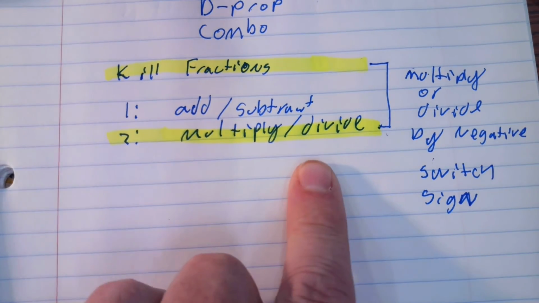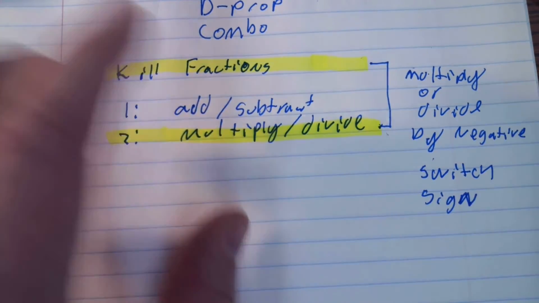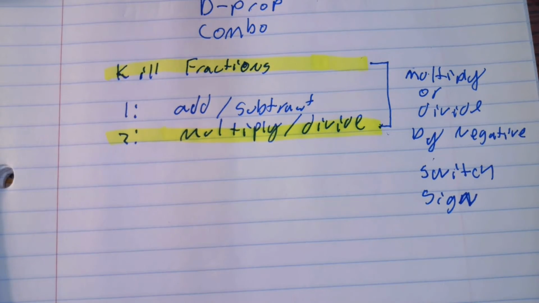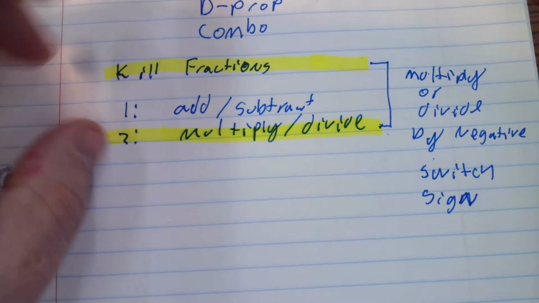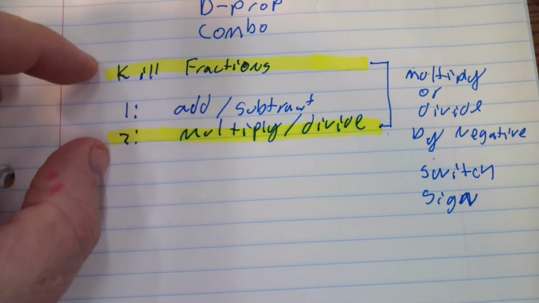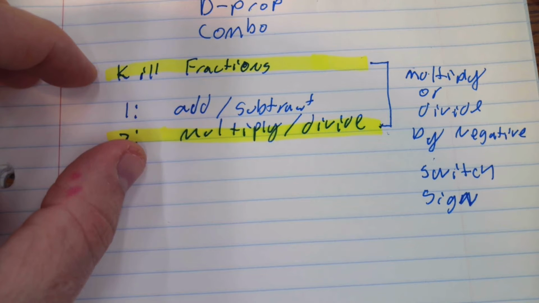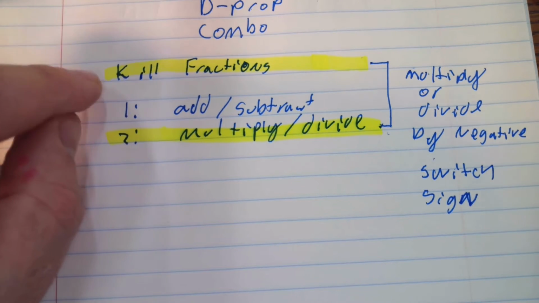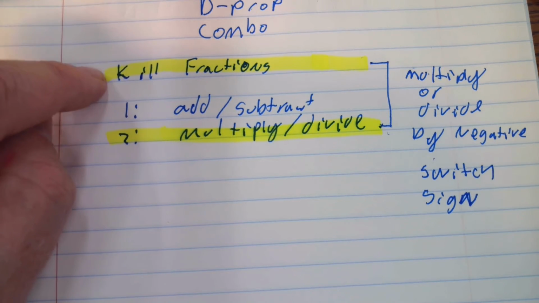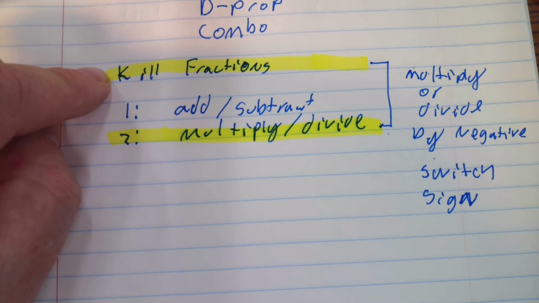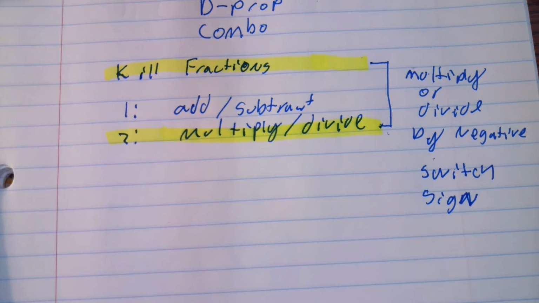They wait to the last step. It just depends. But once you get really mature in your understanding of the steps, there are different things you can do to make your life easier. This kill the fraction thing, if you can get this figured out, it will make your life so easy. So much easier going forward when you just think about things of, I want to make the fraction go away. This is how I do it. It just makes your life easier. So that's the steps.